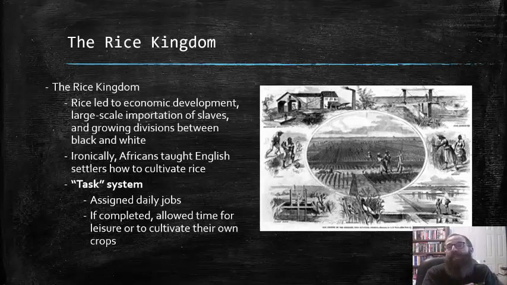Basically, the rest of the day was theirs to use as they saw fit. Now, this was opposed to the gang system, which was used in tobacco production, where entire gangs of slaves were put into the fields and worked from sun up to sunset, or sometimes even longer, to do as much work in the time that was given to them as was possible.